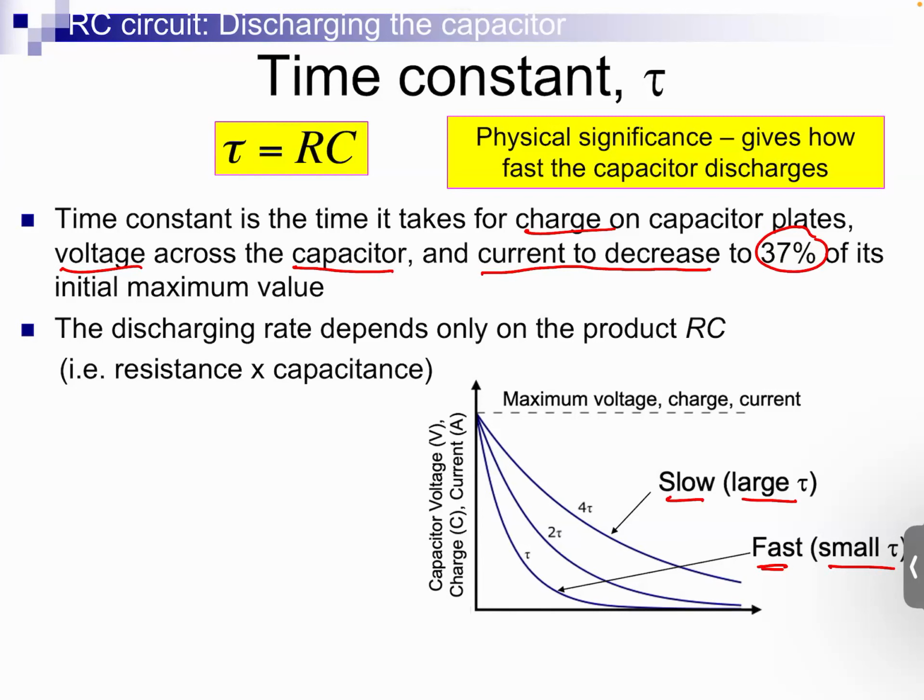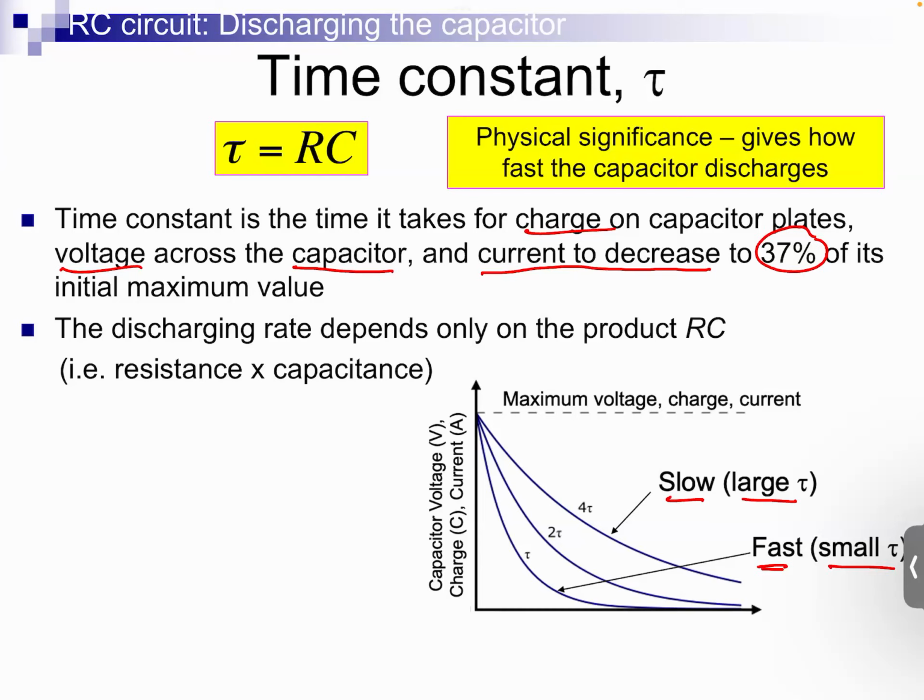So if you have an RC circuit, the capacitor can charge up and it can also discharge, right? It charges up if you connect the capacitor to a battery, and then if you disconnect the capacitor from the battery, it discharges, and you can repeat this process of charging and discharging of the capacitor.